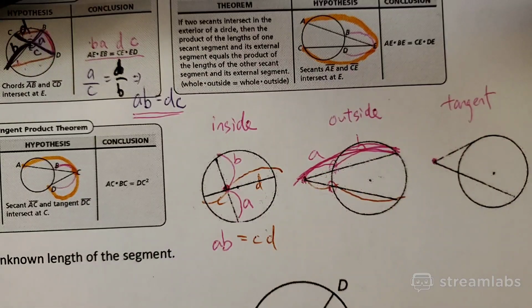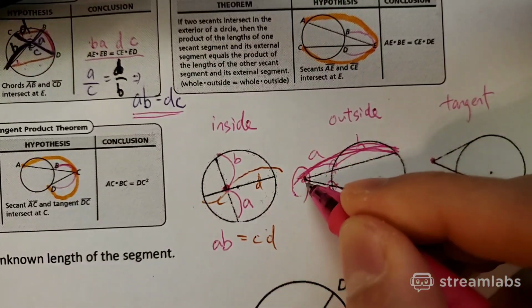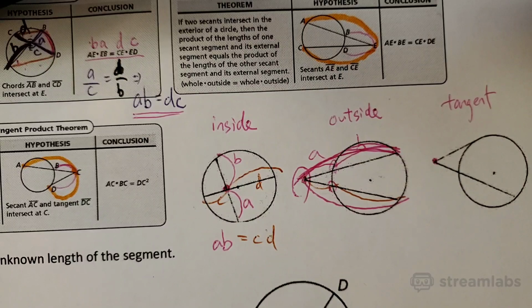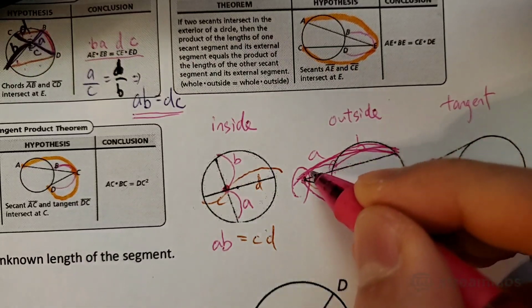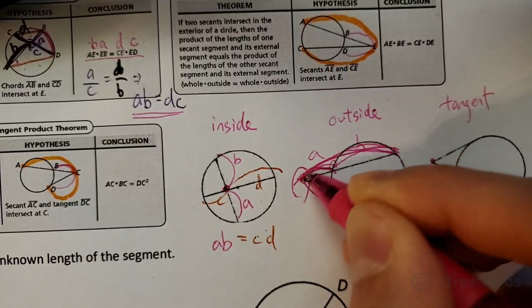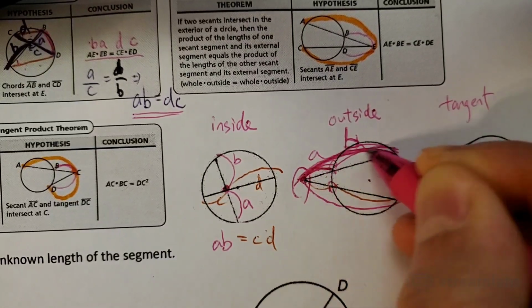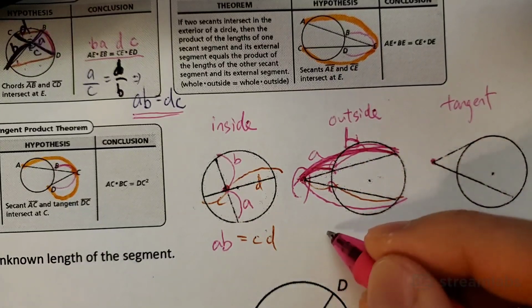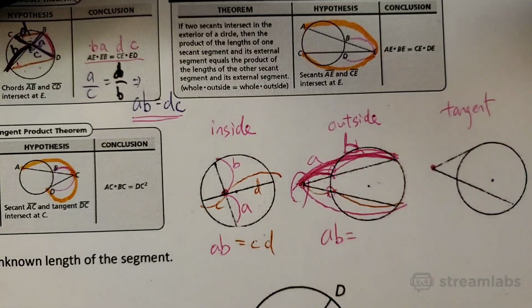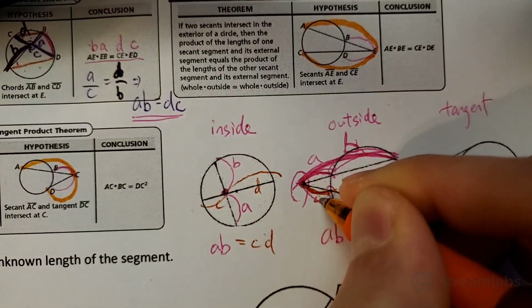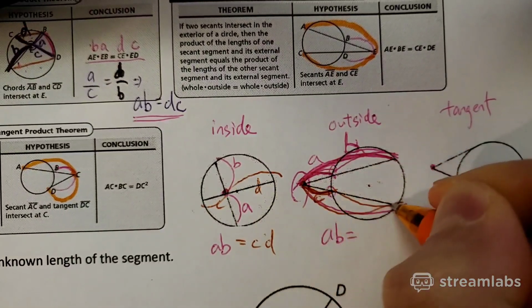Sorry. I always have to start from this. So always has to start from the intersection point. Forgive my mistakes. It's A times B. Whole thing here is B, and then C times D is the whole thing.